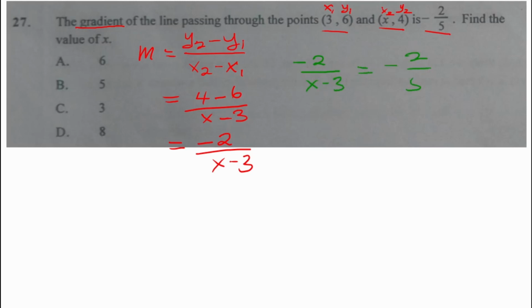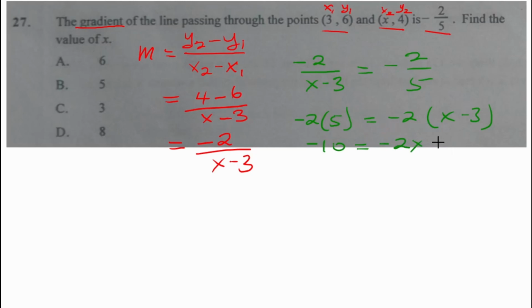2 over 5. By cross multiplication, I'm going to have negative 2 multiplying 5 equal to negative 2 multiplying x minus 3. Negative 2 times 5 is negative 10, equals negative 2 times x, which is negative 2x.